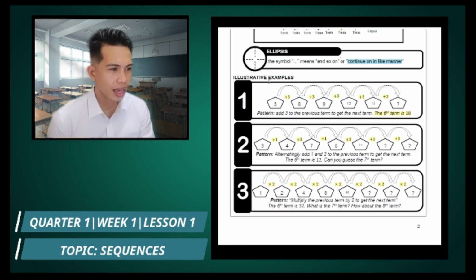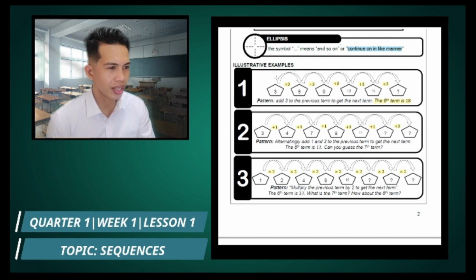Now, let's have some illustrative examples. We have number 1, the sequence 3, 6, 9, 12, 15, and an unknown term. It says that on this sequence, the pattern is add 3 to the previous term to get the next term.